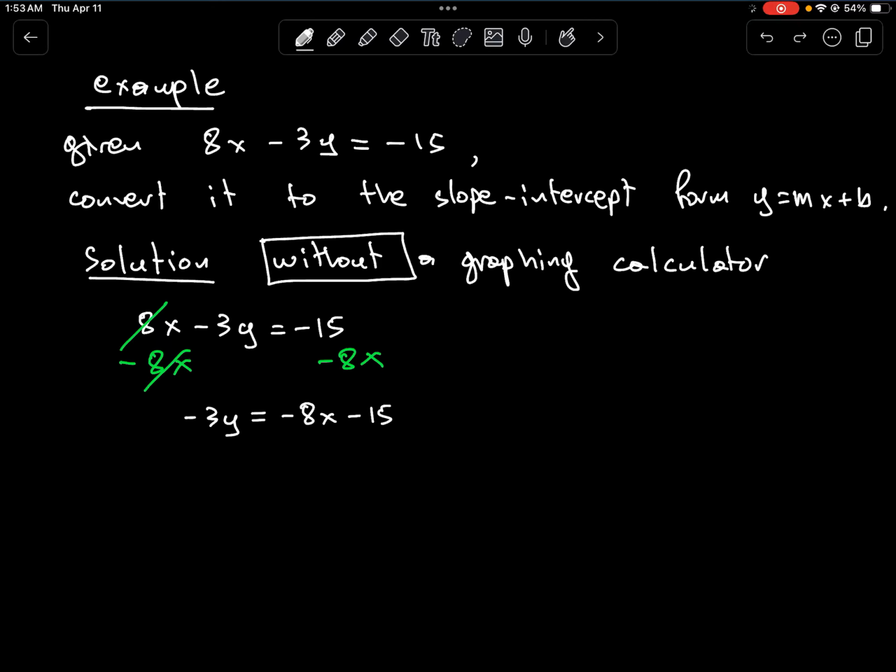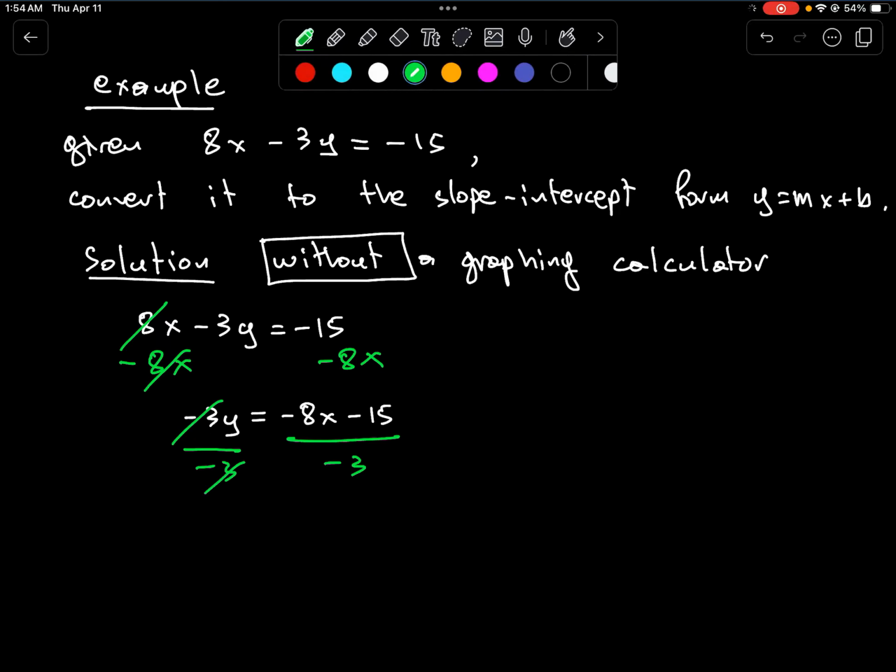Now let's fully isolate. So I need to get rid of this negative 3. How do I do that? Let's divide by negative 3. And what else I get? I get y on the left, and they have negative 8x, negative 15 over negative 3 on the right.